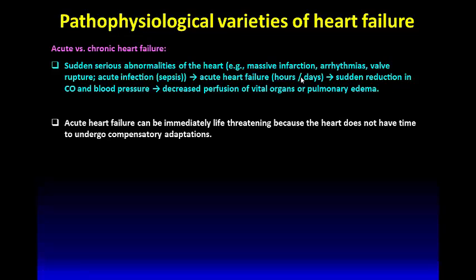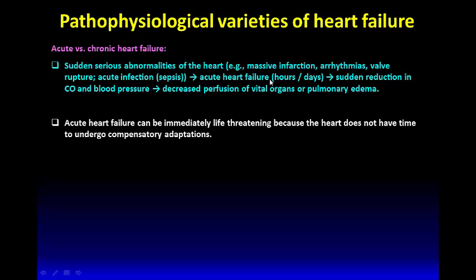And this happens when there is sudden serious abnormality of the heart, as in cases of massive myocardial infarction, in cases of arrhythmias, valve rupture, and when there is acute infection with sepsis.